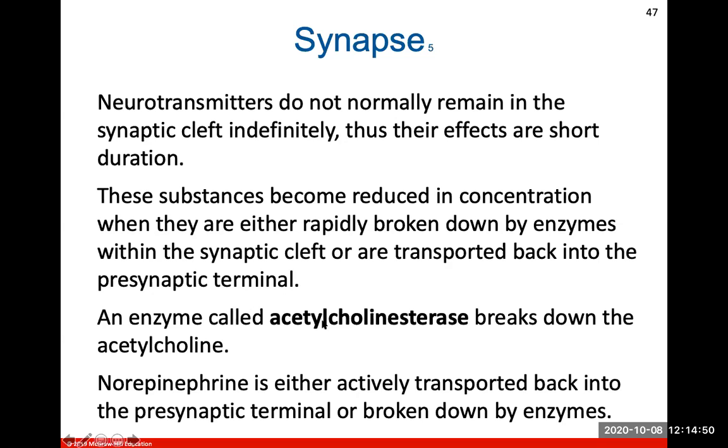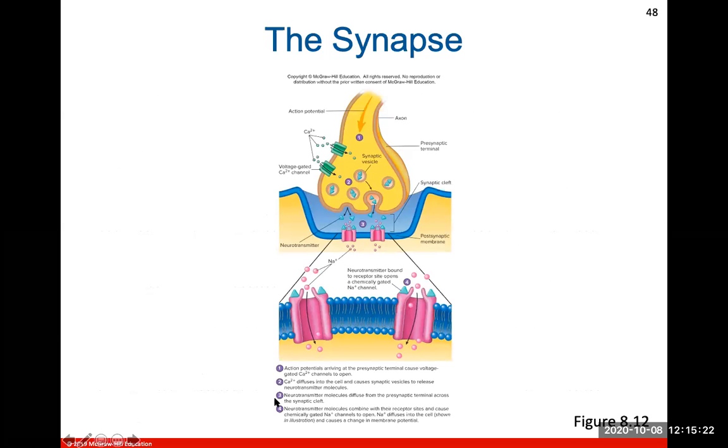An important enzyme that breaks down acetylcholine is acetylcholinesterase, and that will control the amount of acetylcholine in the synapse. And norepinephrine will be either actively transported back into the presynaptic terminal or broken down by enzymes. These enzymes just help to control the amount of neurotransmitters in the synaptic cleft, to provide greater control for how well your nervous system is passing along its signals.